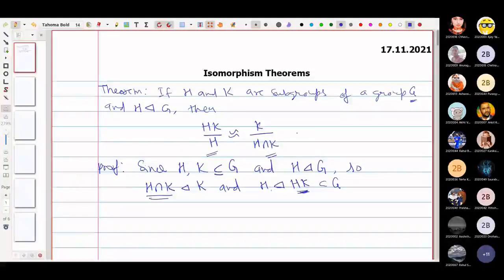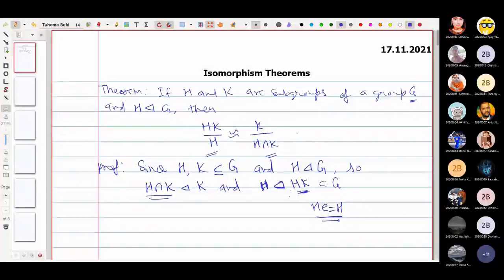And since elements of H can be obtained from HK by just taking the identity from K, because the identity belongs to K, this equals H. So of course in HK, H is there. And since H is normal in G, it is going to be normal in HK also.